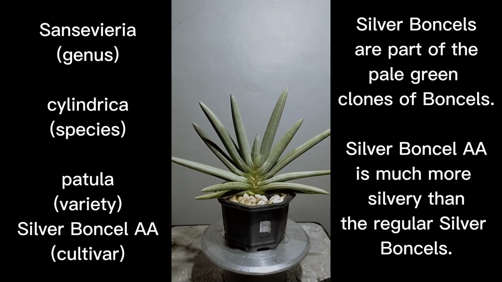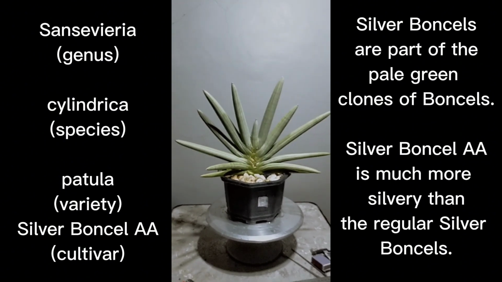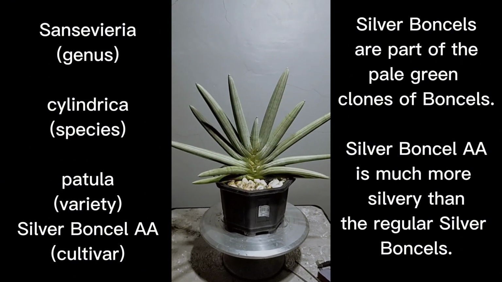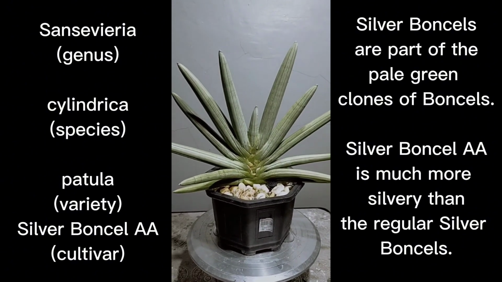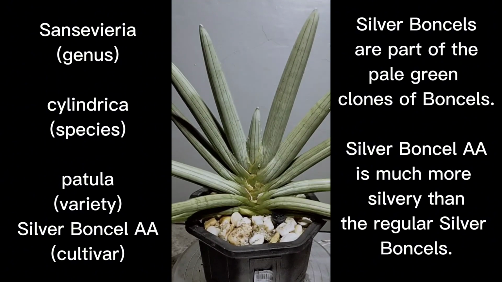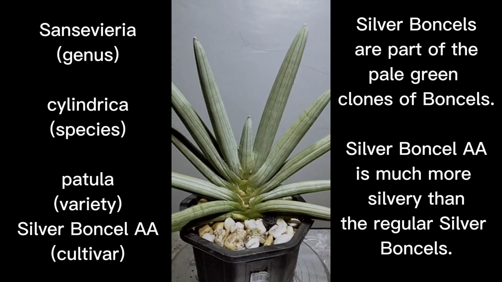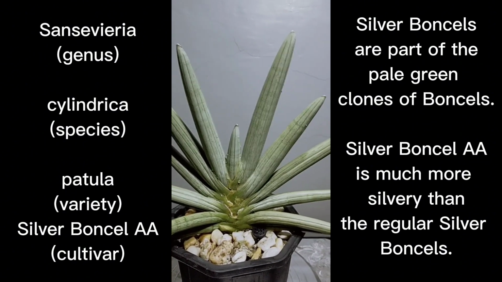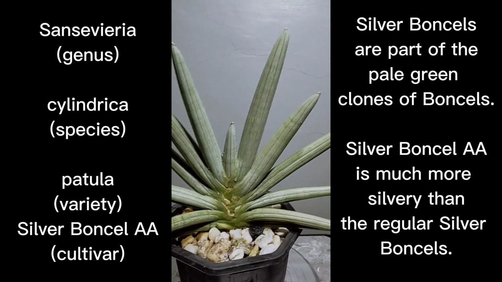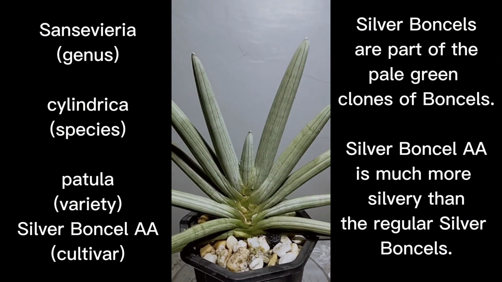So it is true that they leaf propagate over thousands of plants. So from that 1 in 1,000 offset, Silver Boncel AA or Boncel Silver AA came to be.